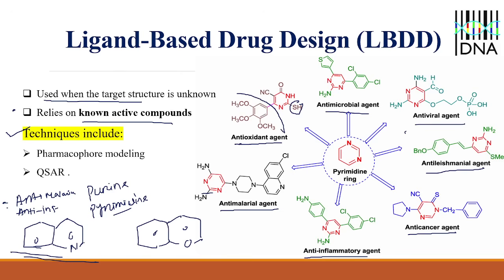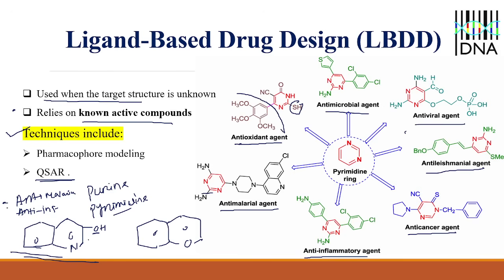Who knows, by applying QSAR, the quantitative structure-activity relationship, we just replace something here, I add an OH group here, and it can act against a different disease, like antiviral or antifungal.